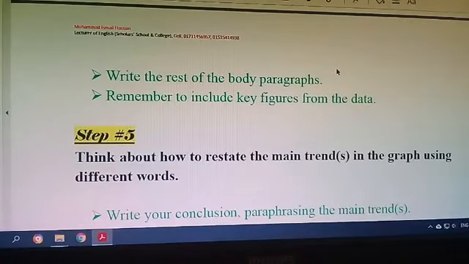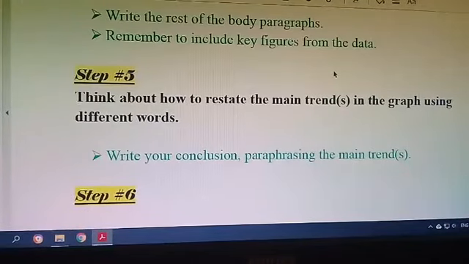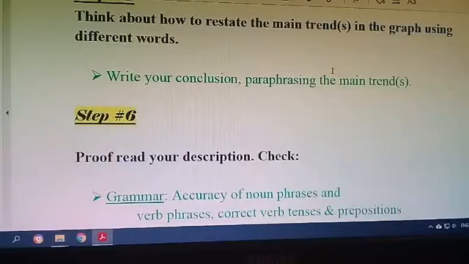Number 5, think about how to restate. Restate means rewrite it again, the main trends in the graph, using different words. And number 6, proofread your description, that is, what you have written.